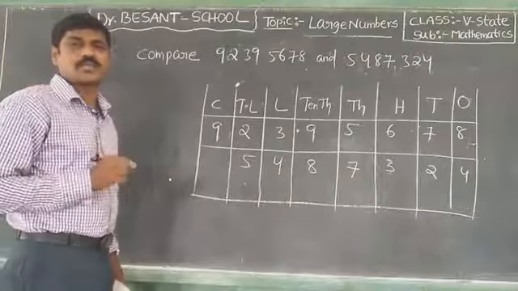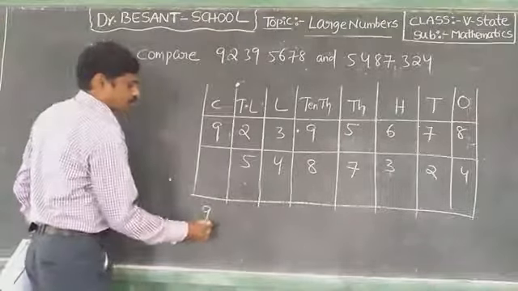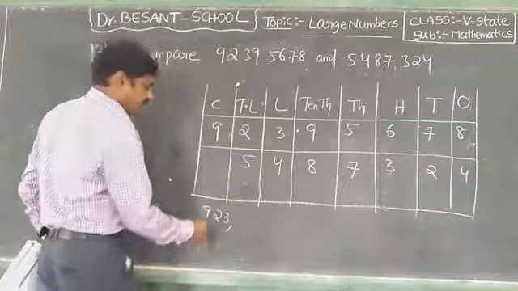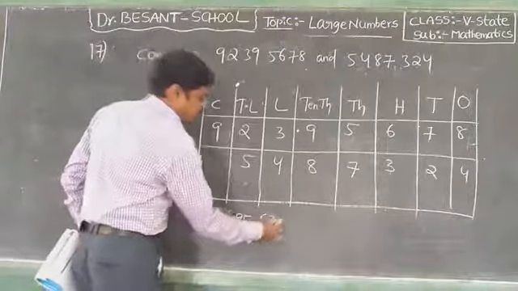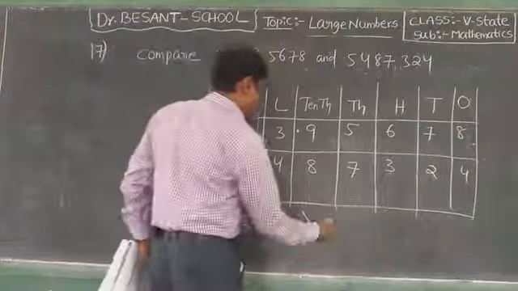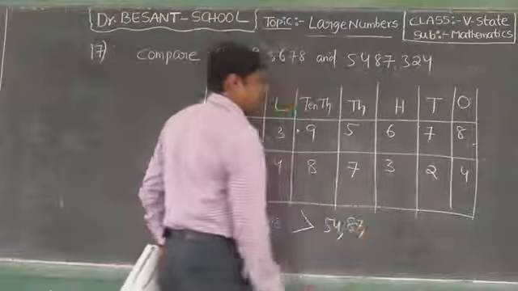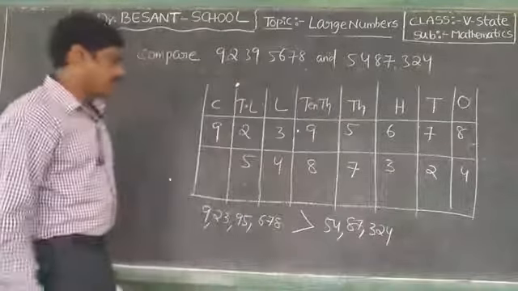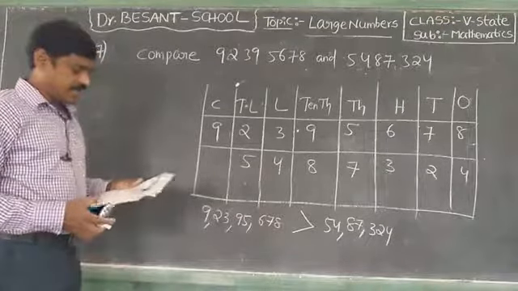Mathematically we have to use the greater than symbol. That means 9 crore 23 lakh 95,678 is greater than 54 lakh 87,324. I hope it's very clear, children. Okay, note down the 17th one.